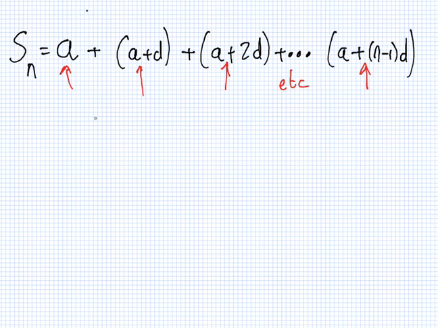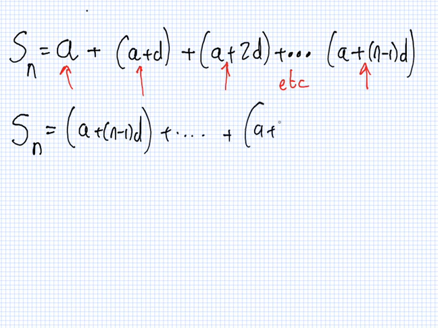What I'll do is I'll write this again, except I'll just write it in reverse order. Yes, that's how we do this proof. a plus n minus 1 d plus etc., etc. plus a plus 2d plus a plus d plus a.